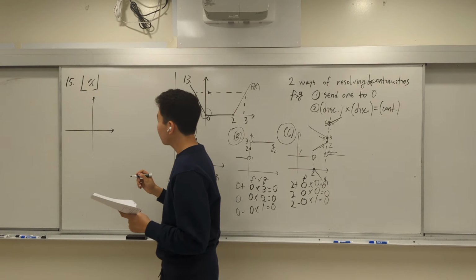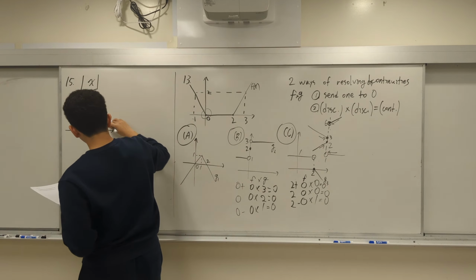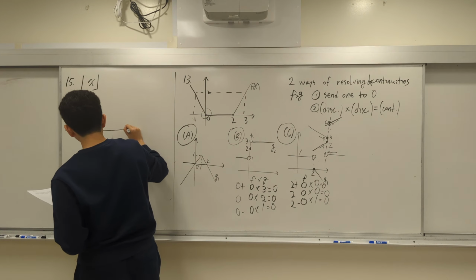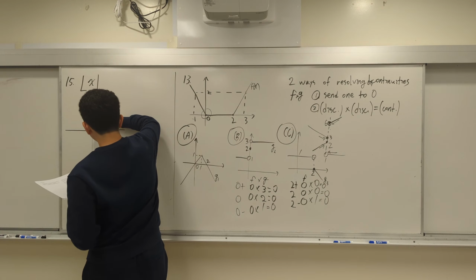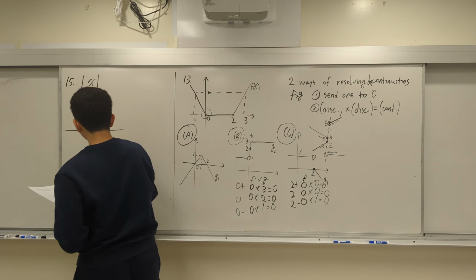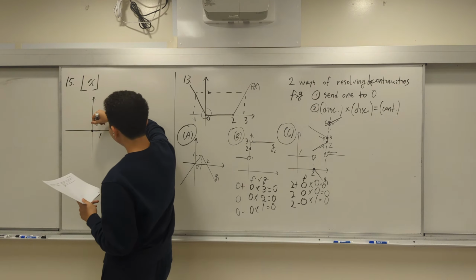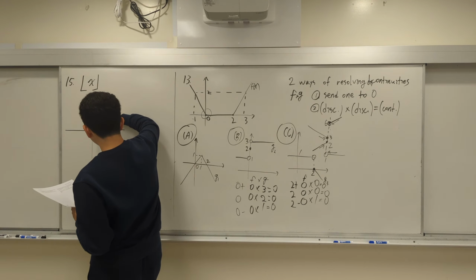The floor of 0 is 0, and the floor of everything up to 1 is still going to be 0. So we're going to start with a closed hole, and then the floor of everything is going to be 0 until we reach 1, right? Where the floor of 1 is going to be 1. So it jumps up like that, 1 comma 1, and then it continues, right?